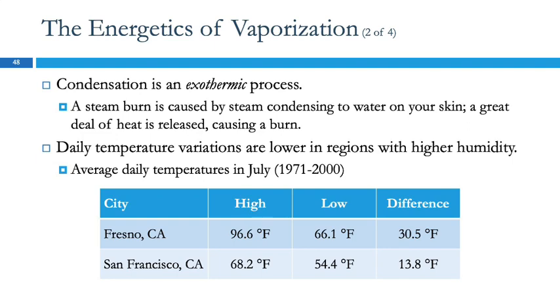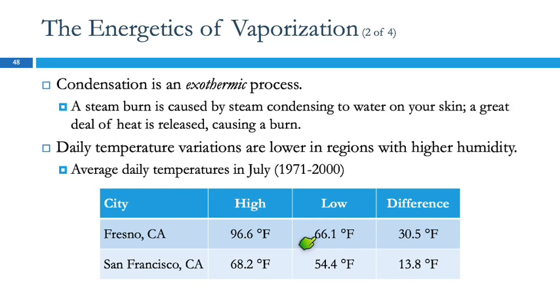The energetics of vaporization also have a big effect on climate. These are some numbers I gathered up. Average daily temperatures in July from 1971 to 2000, for Fresno and San Francisco. So Fresno, average high temperature, 96.6 Fahrenheit, sounds about right.